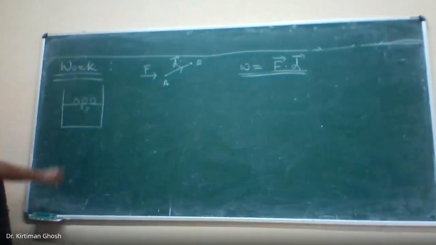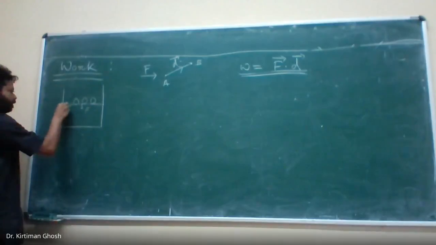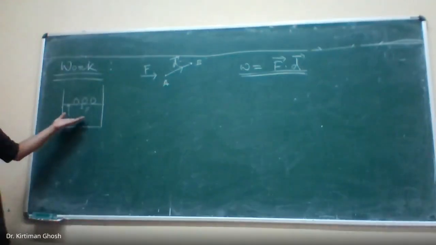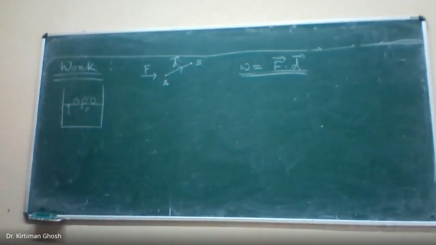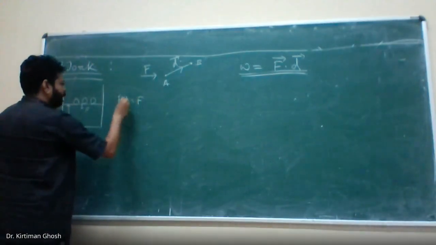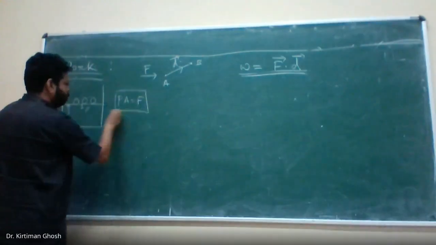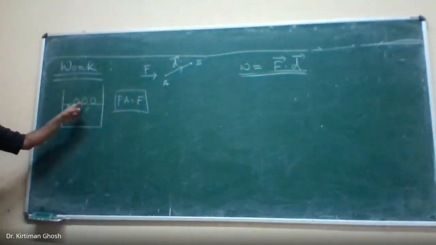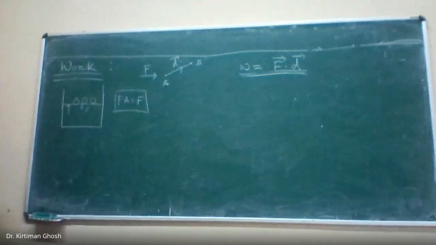If the system is in equilibrium, there is a pressure on this piston, and a force P times A is acting in the direction opposite to this external force, and they are balancing. So basically, PA equals F, where A is the area of the piston. This is how the force is balanced. The direction of the external force is in this direction.